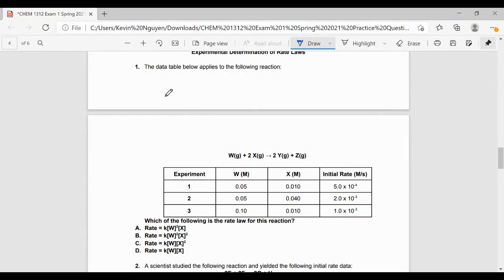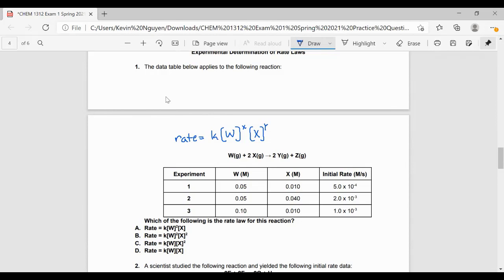Okay, so looking at this one, let's write out our rate law, a tentative rate law. Let's say rate is equal to k times W to the x power times X to the y power.